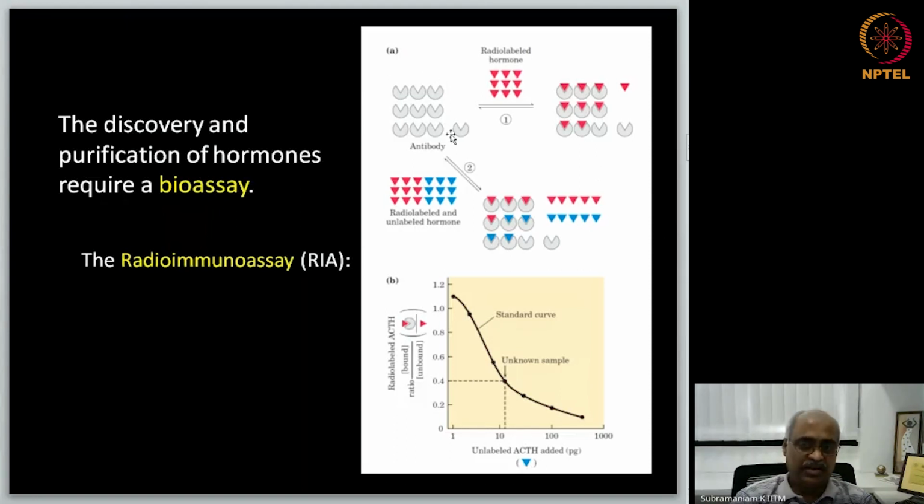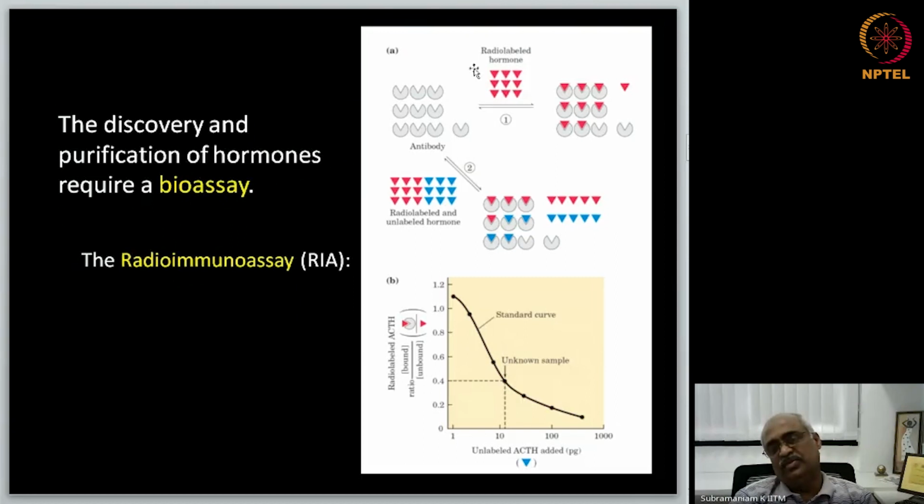So let us say you have an antibody like that, shown here in this gray structure on the top left of this cartoon. Now you incubate in a test tube with a radio-labeled hormone, let us say insulin, in which one of the atoms is radioactive. You can have radioactive sulfur or carbon, or radioactive hydrogen like tritium.